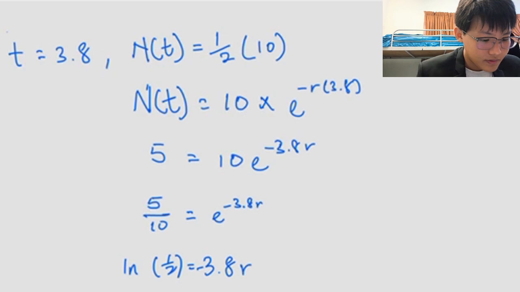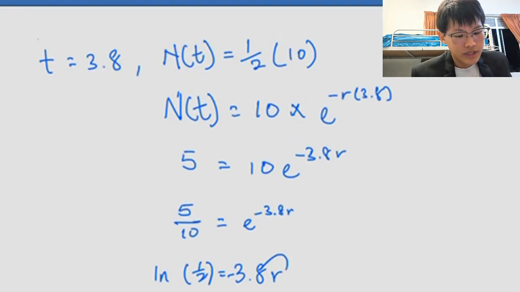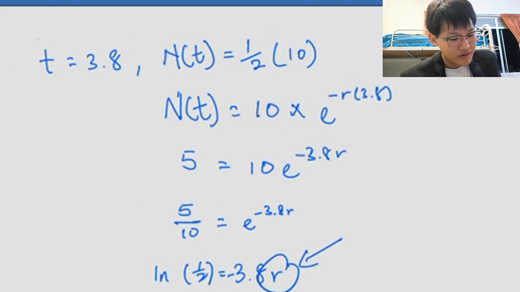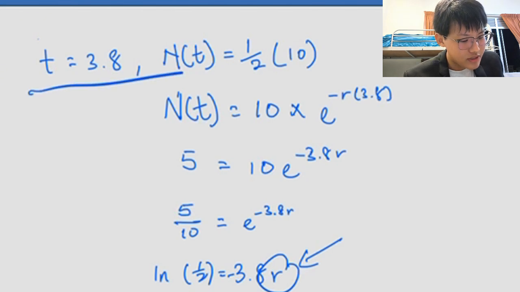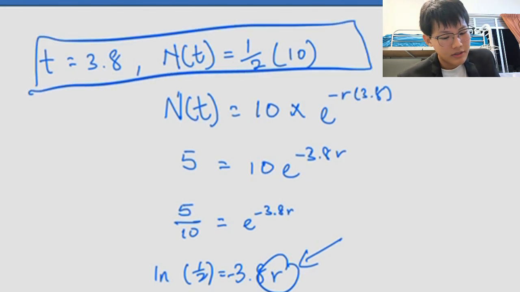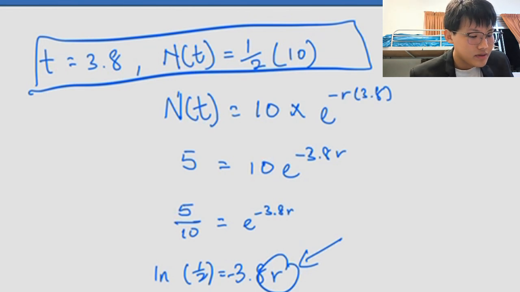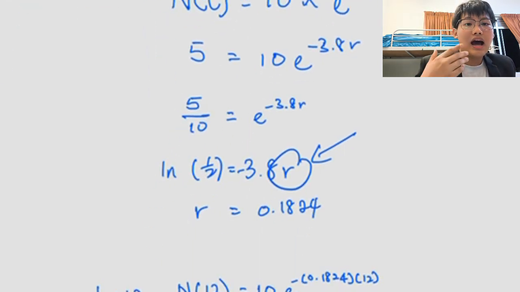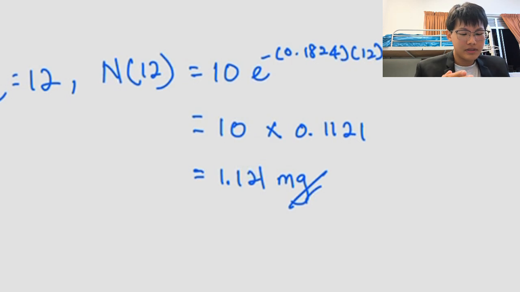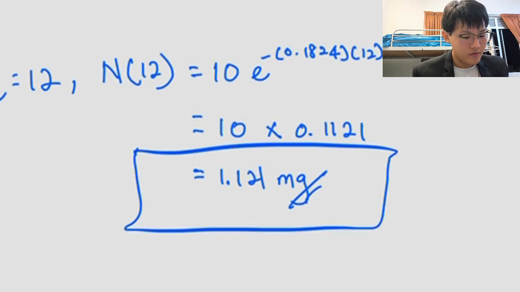So first, we need to find the value of R by using the formula. When T equals 3.8, it is half of the quantity, and after we found the value of R, we substitute into N12 and we get the final answer.